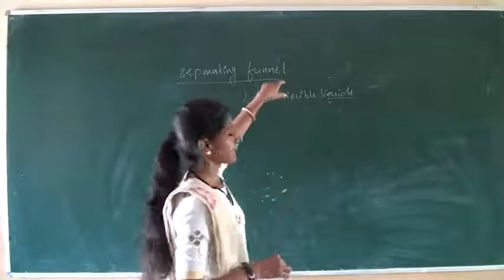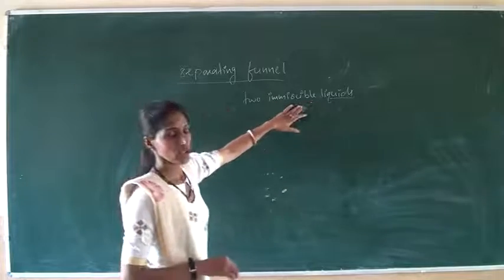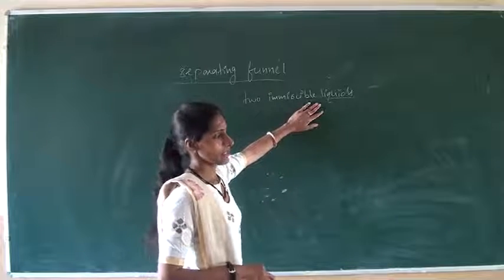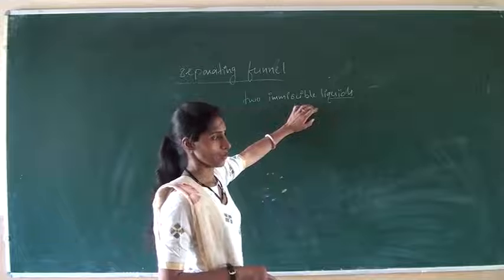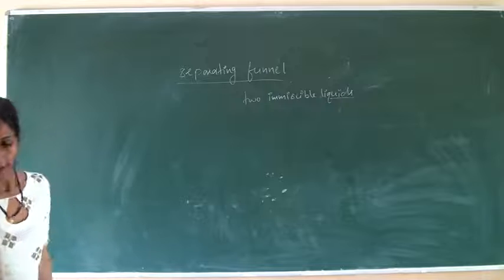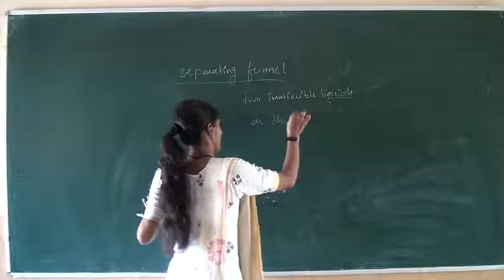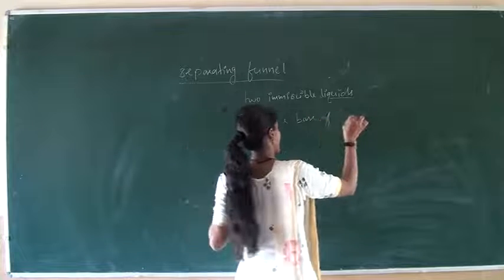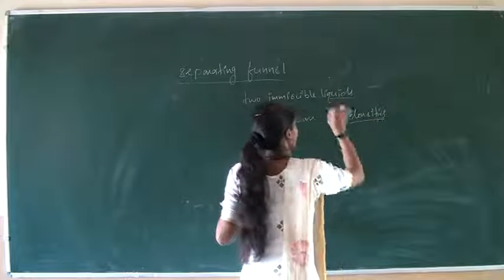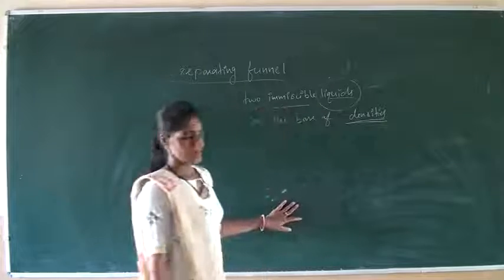Now, the separating funnel method is used to separate two immiscible liquids. Those liquids which do not mix or dissolve with each other, such as water, kerosene, oil. Two immiscible liquids are easily separated by using a separating funnel on the basis of their densities. The two immiscible liquids have a difference in their densities.